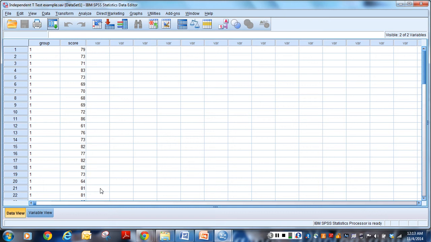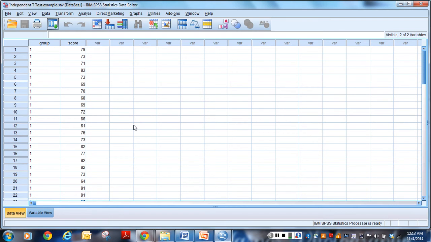I feel that this is a little easier to understand, with fewer steps to take. I just wanted to let you know that some of the things that I'm doing in SPSS are a little different than what your textbook is explaining this week. But essentially it's the same.